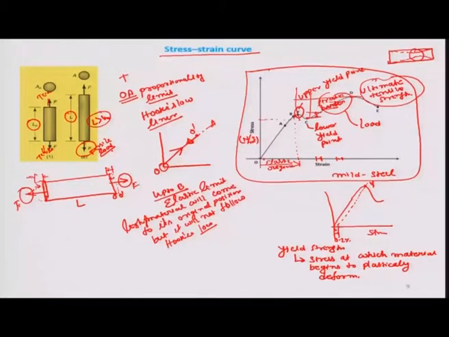There is a sudden steep fall in stress beyond point D. Necking will take place, and the cross sectional area at the place where fracture will take place gets reduced, and so at point E fracture will take place.